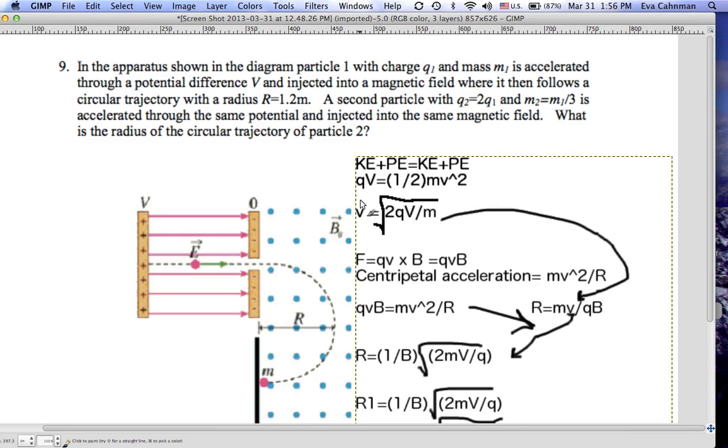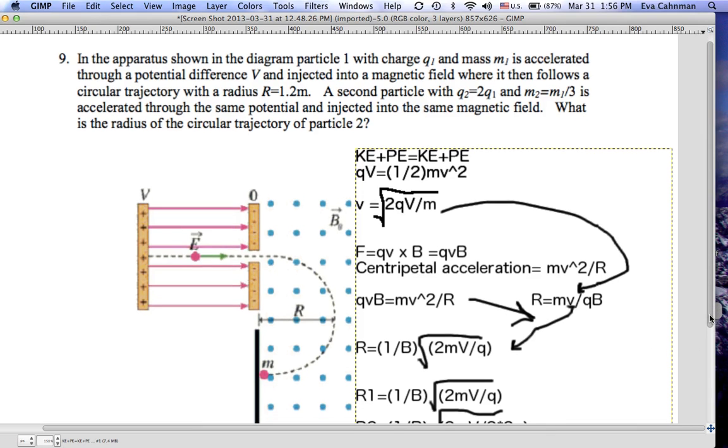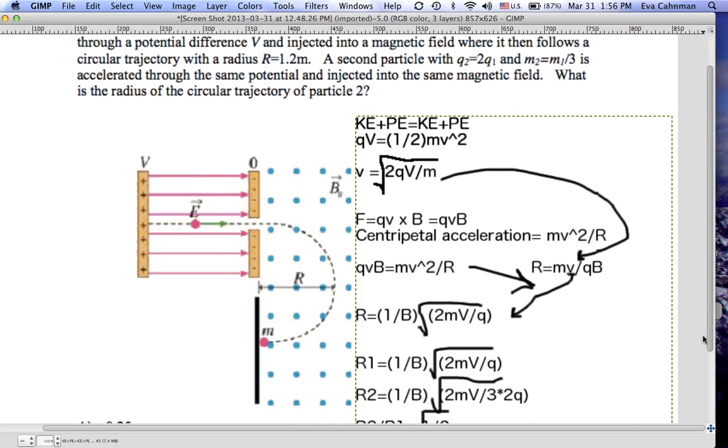So that's the same mass and charge as before. And then the second radius is the same thing, but over 3 times 2q, because q2 equals 2q1 and m2 equals m1 over 3.